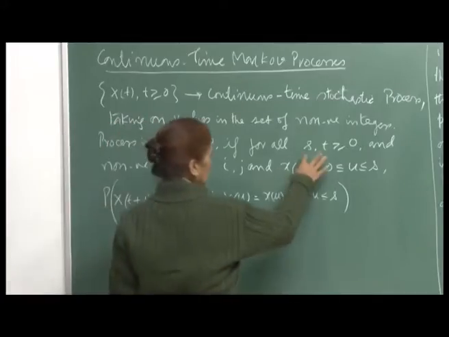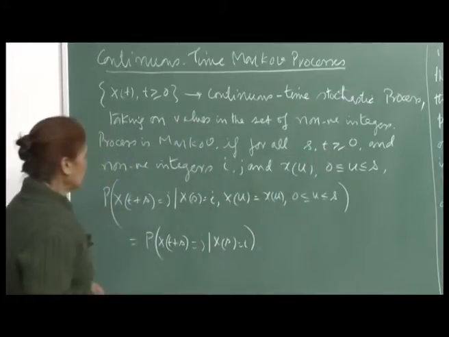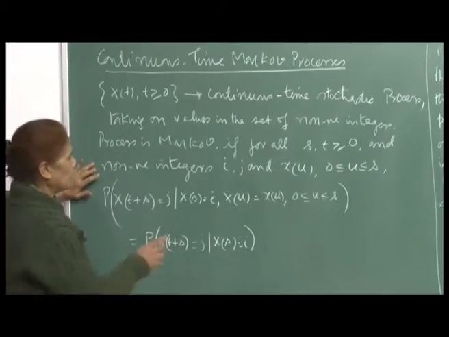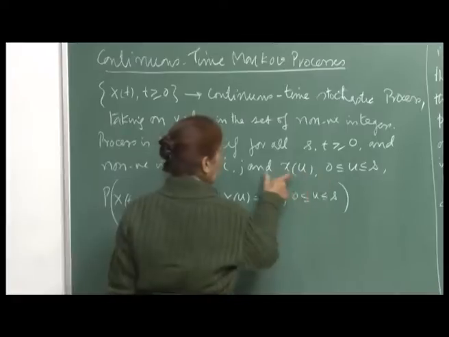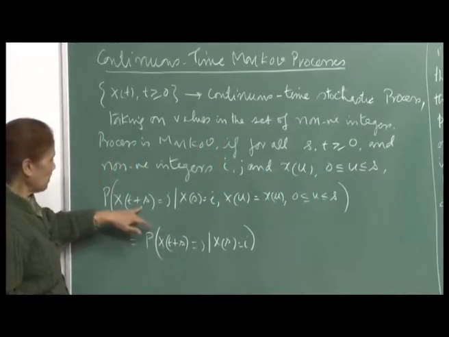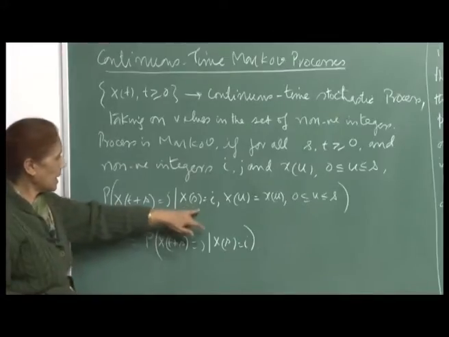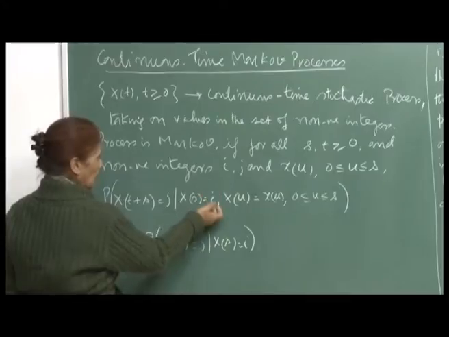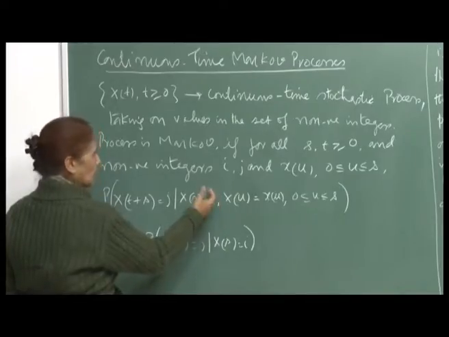if for all s and t, and non-negative integers i, j and x(u), where u is varying between 0 and s, so these are all non-negative integers, the probability that X(t+s) is j, given that X(s) is i, at time s the system is occupying state i, let us say.